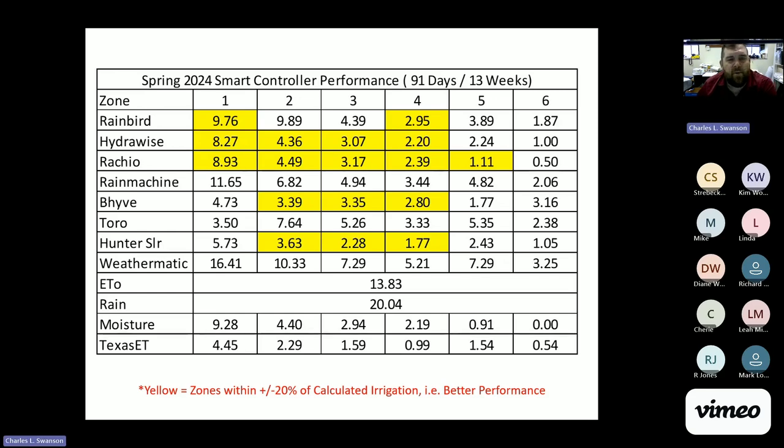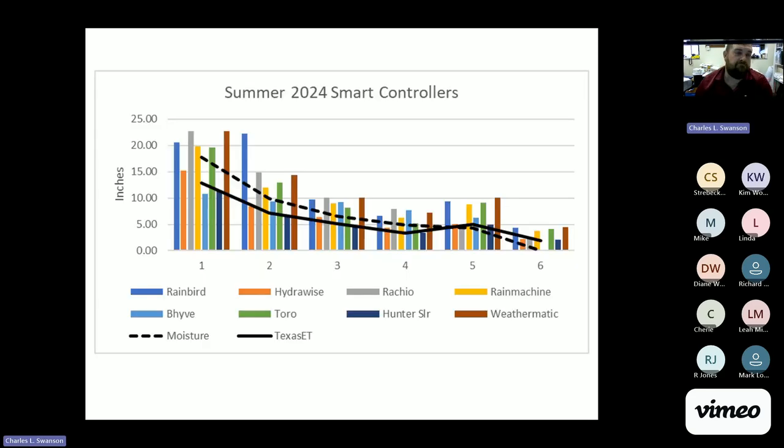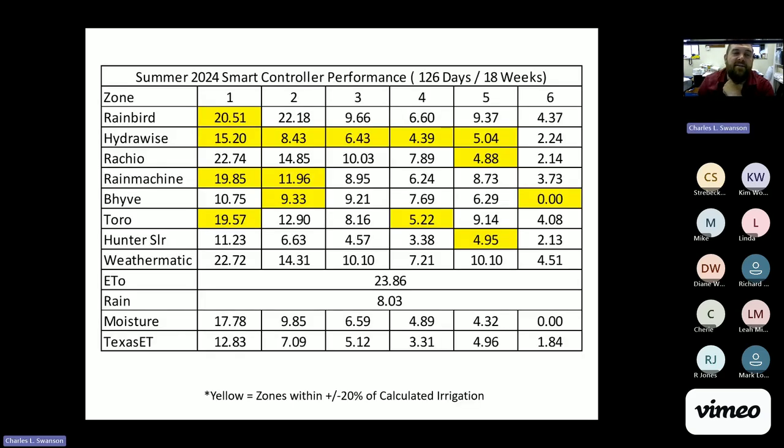But what's more interesting is when we move into the summer months, we see a different trend occur. We didn't get a whole lot of rainfall last summer, and so the 2 models are much closer together. And we look at the actual values, and we can see a shift. In the spring, one controller had 5 out of the 6 within 20%.